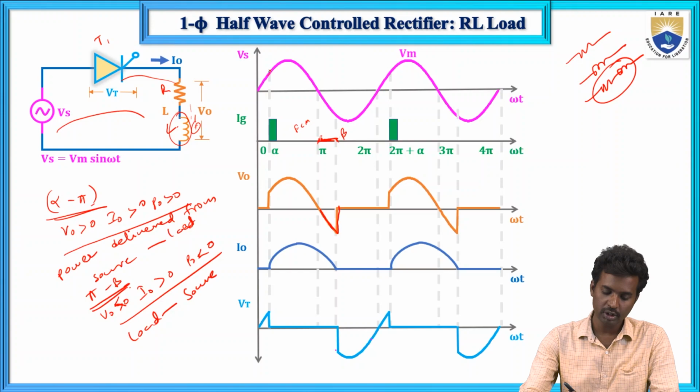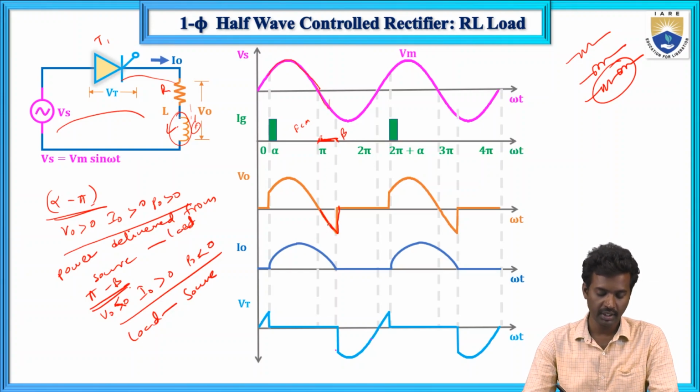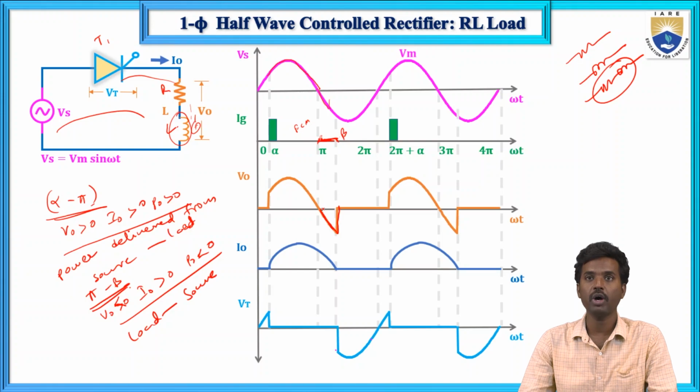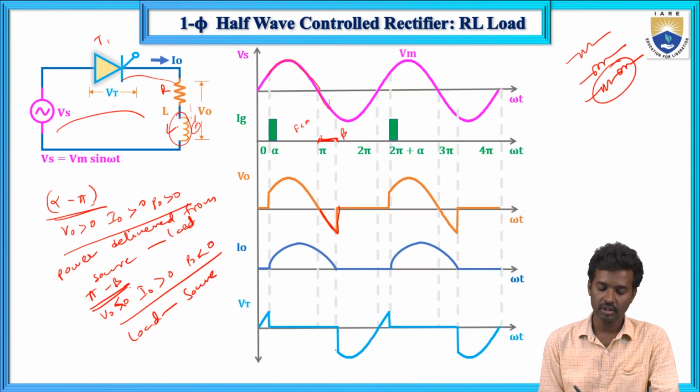It follows the supply voltage, which is positive up to pi and negative from pi to beta. So V0 is negative. From alpha to pi power is delivered from source to load, and from pi to beta power is delivered from load to source. This is the output voltage waveform.